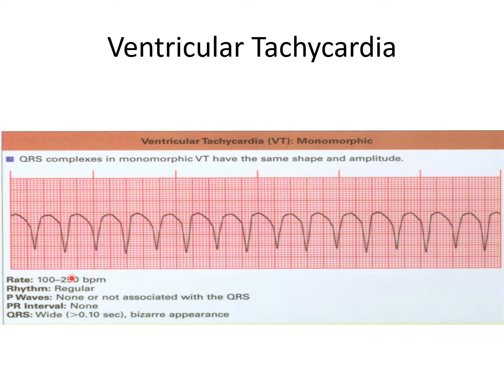In fact, you're not going to sustain life because you're not putting out enough. Your cardiac output is so decreased. Again, they're described as wide and bizarre in appearance. And there's nothing to identify. You just look up there and you recognize this tracing as being tombstones or life-threatening arrhythmia, VTAC.